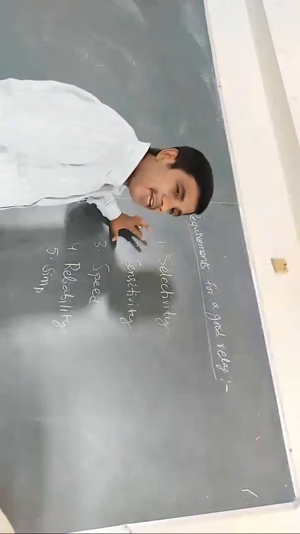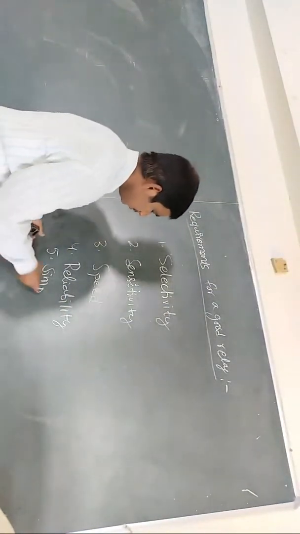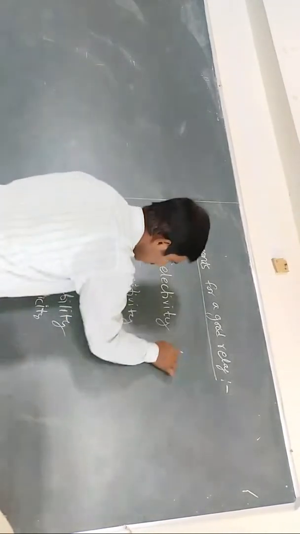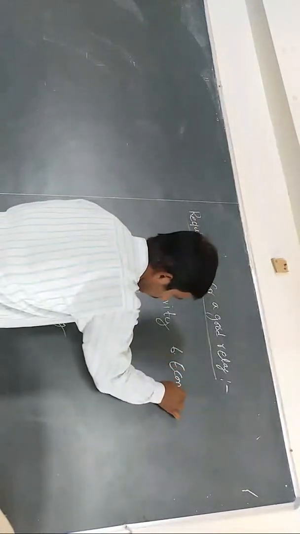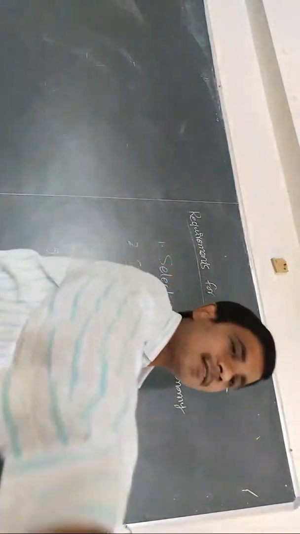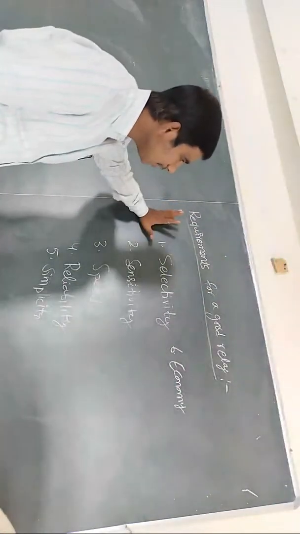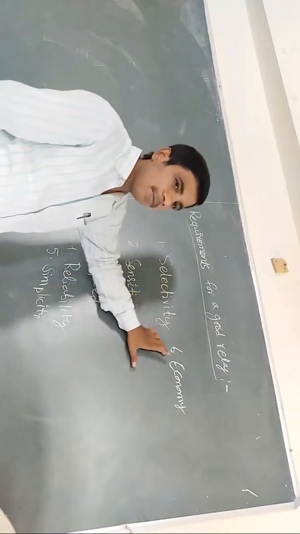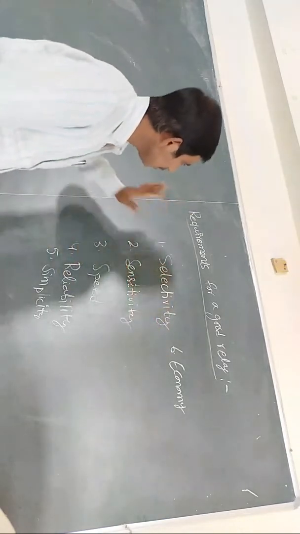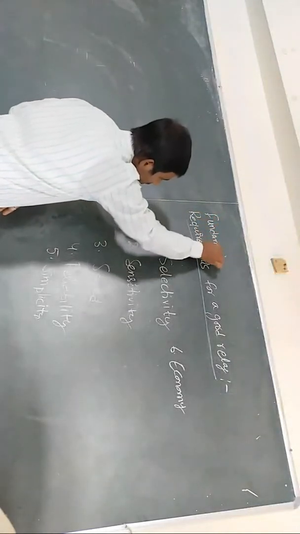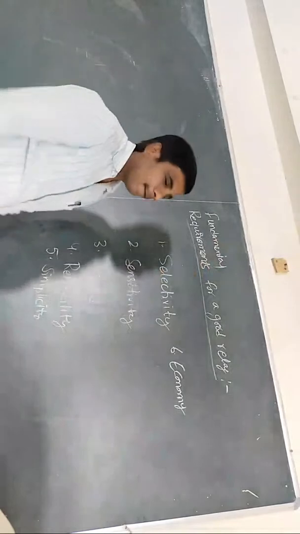Selectivity, sensitivity, speed, reliability and simplicity, and the sixth one is economy. For a good relay, what are the characteristics it requires? That we have to remember. Selectivity, sensitivity, speed, reliability, simplicity and economy. These are the functional requirements, fundamental requirements for a good relay.